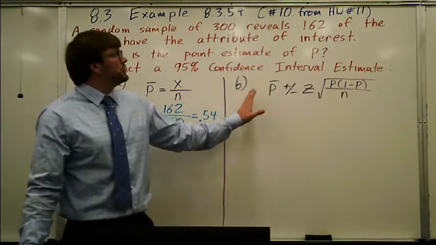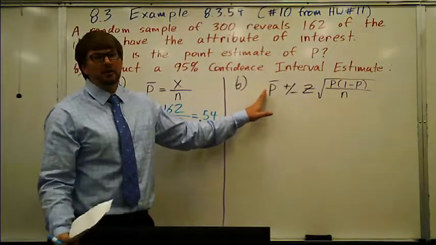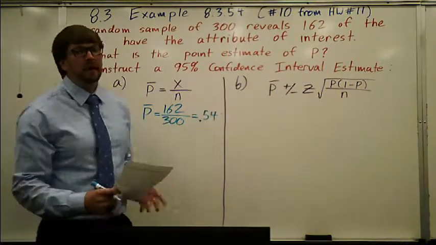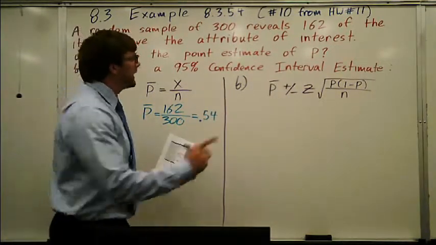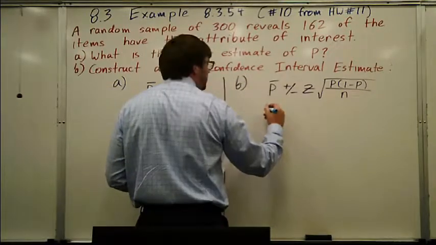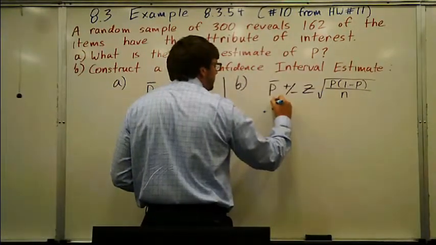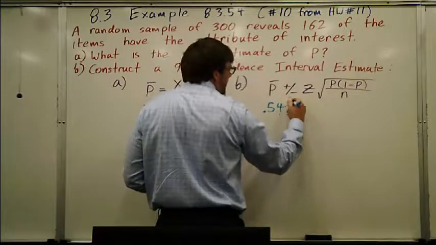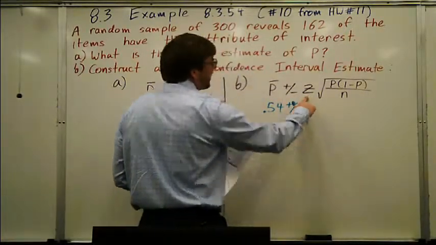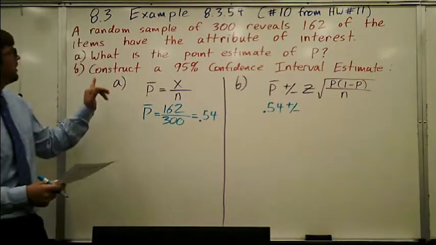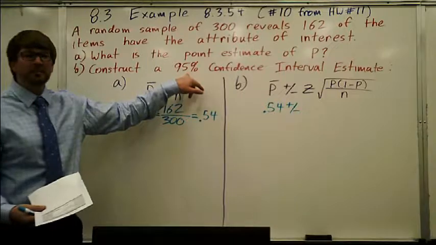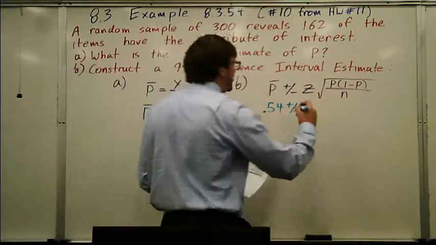So now we want to use this formula again to calculate the lower and upper bound of this confidence interval. We just decided our p hat, or our sample proportion, is 0.54. We take that and add and subtract our z-value, which is based on our confidence level. Once again, a 95% confidence level has a z-value of 1.96.